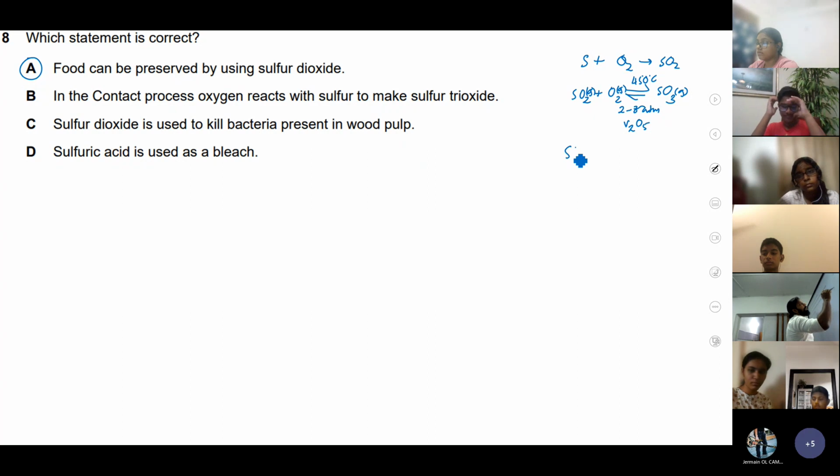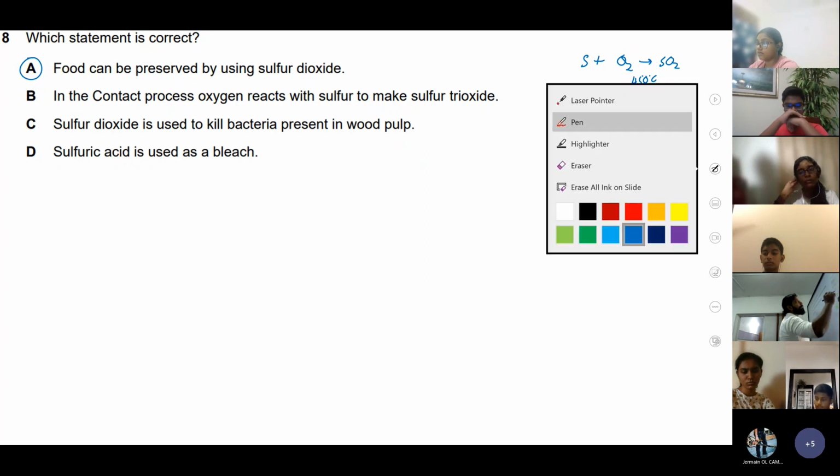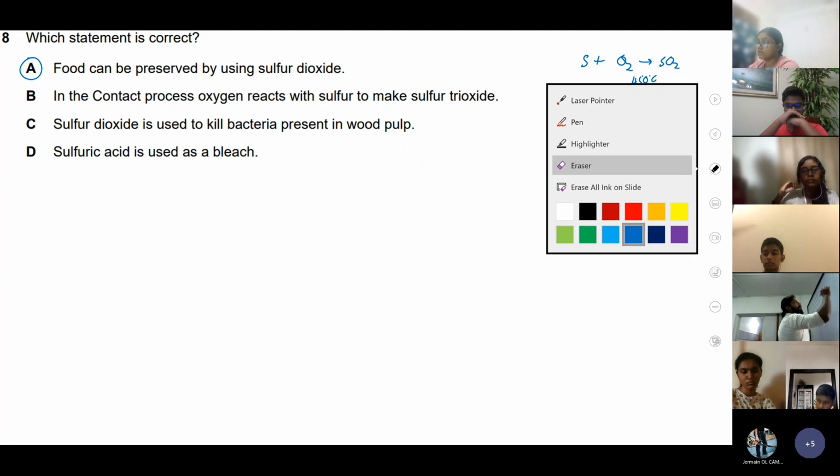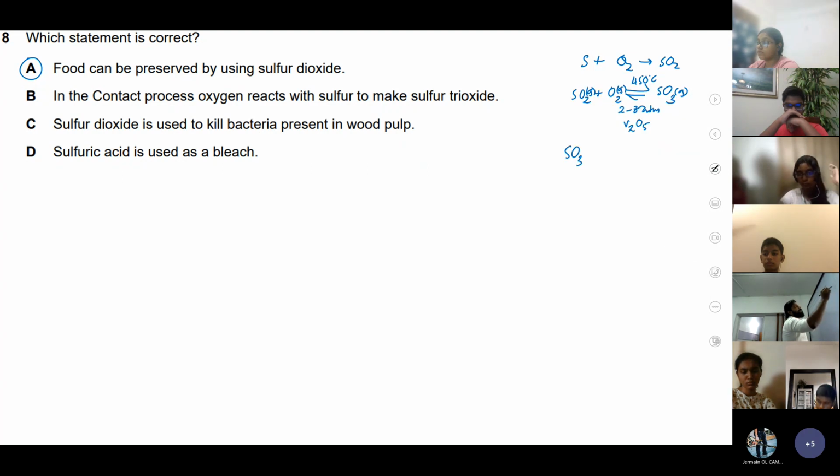Then sulfur trioxide is sent through sulfuric acid to make H2S2O7, oleum, and oleum is going to dissolve in water to give sulfuric acid.